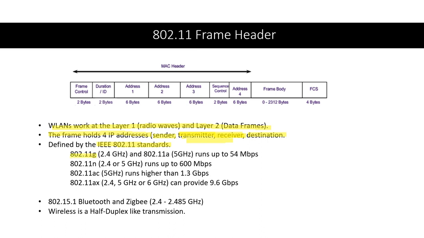Now, by the IEEE 802.11 standards, 802.11g was one of the early ones that worked at 54 megs, and that uses 2.4 gigahertz, or 802.11a, which will run at 5 gigahertz, also 54 megs. So the throughput, right?